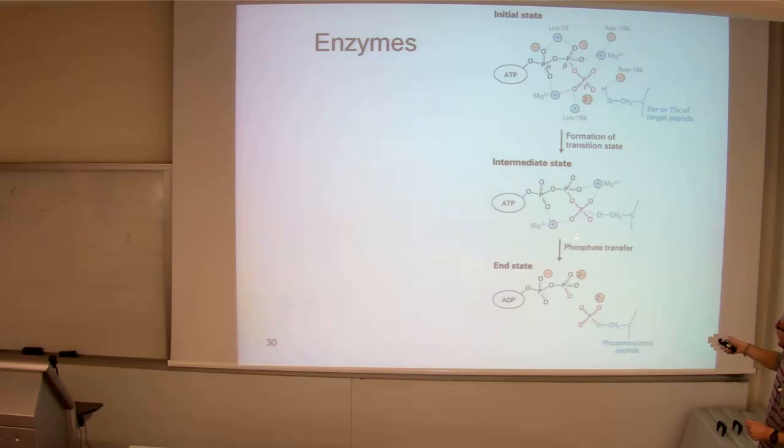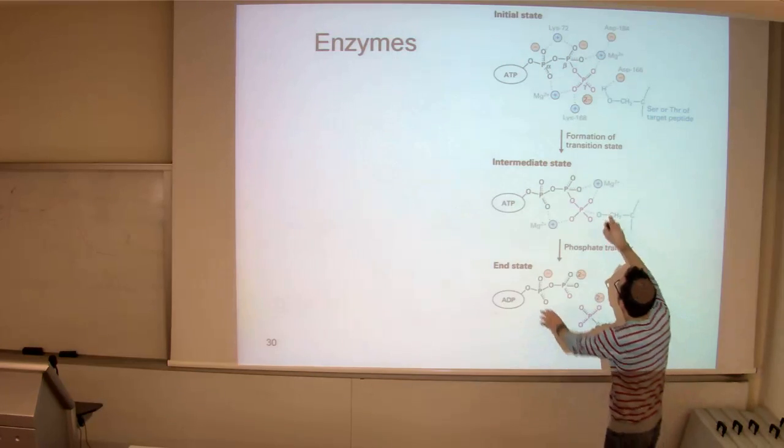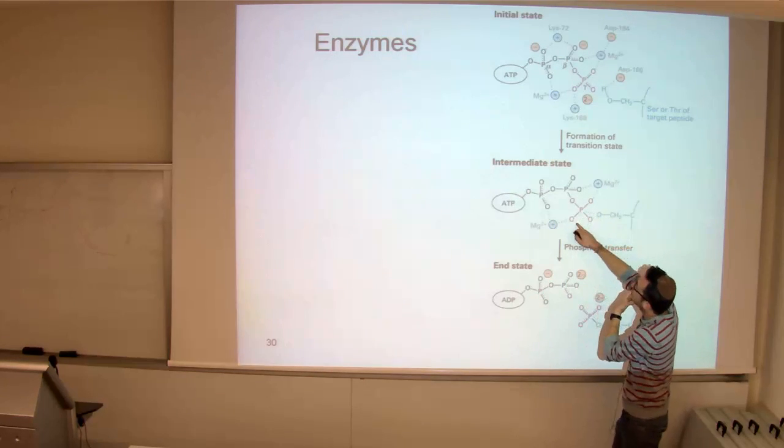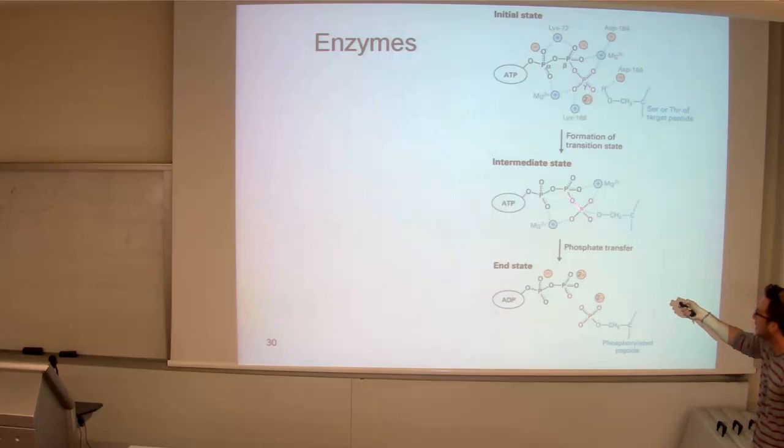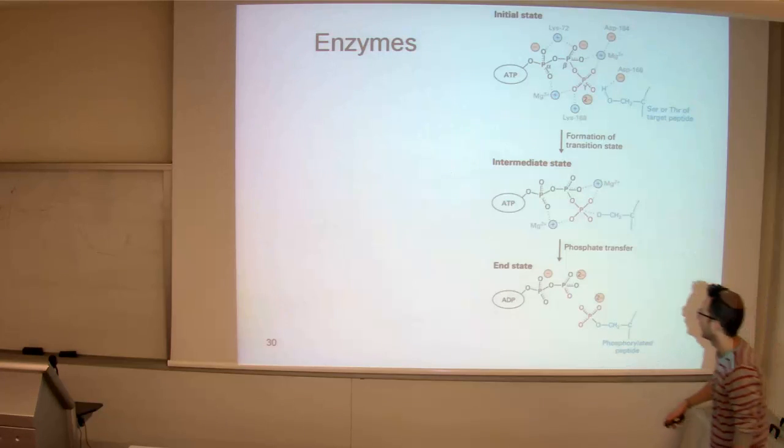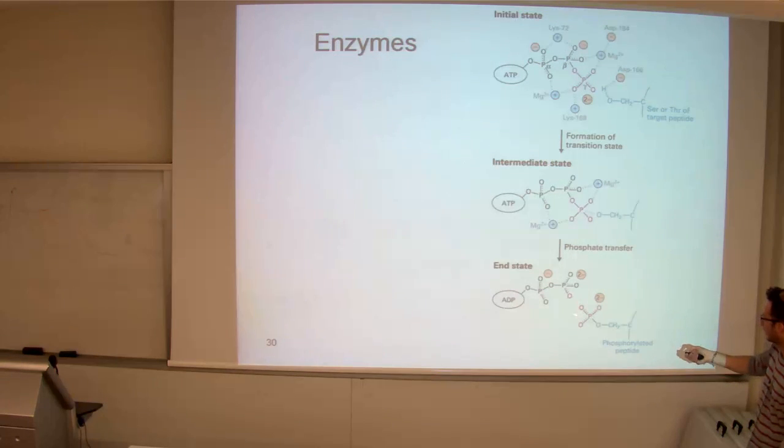The intermediate state is when these two ions interact with the last phosphate, which destabilizes this link and sort of makes this link possible. And then the end state will be that the phosphate is transferred to the target protein right here.